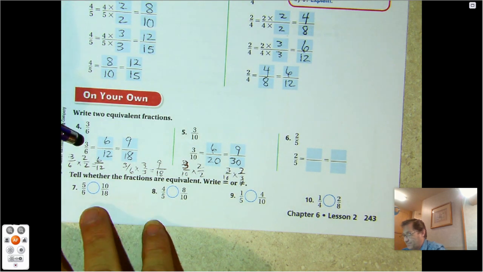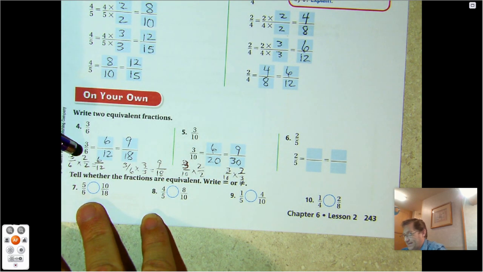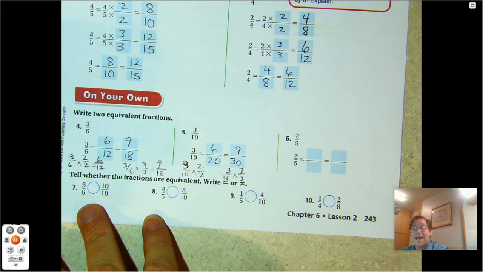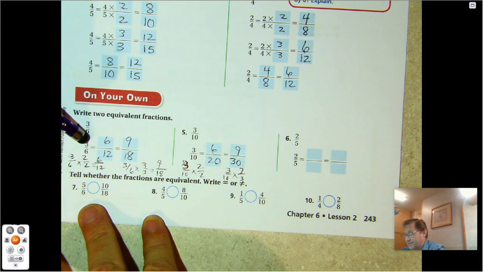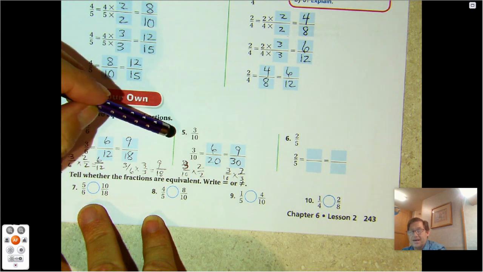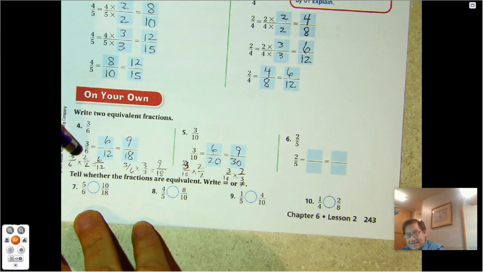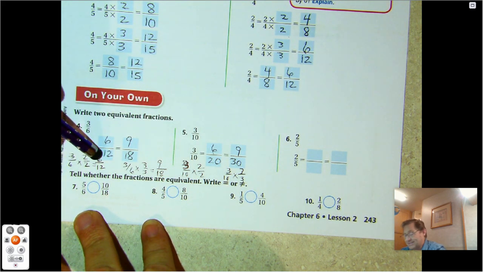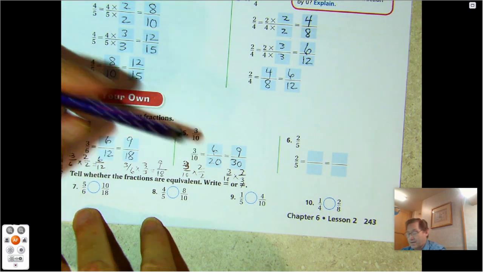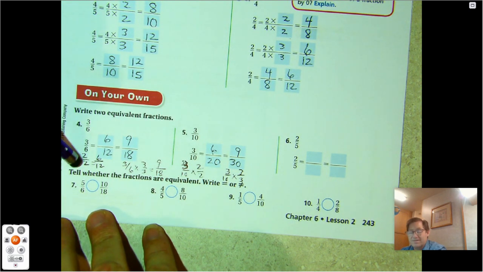Let me go back to here. So 3/6. If we were looking for a pattern, we notice that the 3 in 3/6 is increasing by 3 each time. The 6 is increasing by sixths each time. And that's why we're multiplying. We're multiplying by a value of 1.